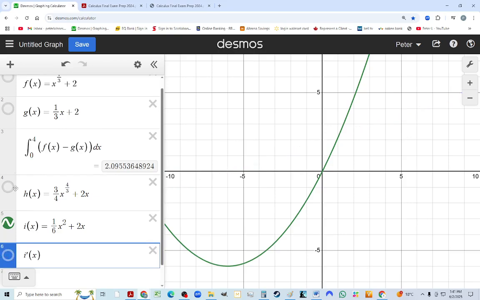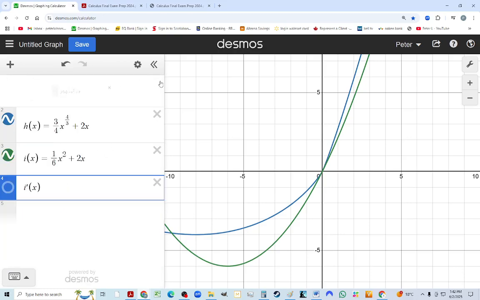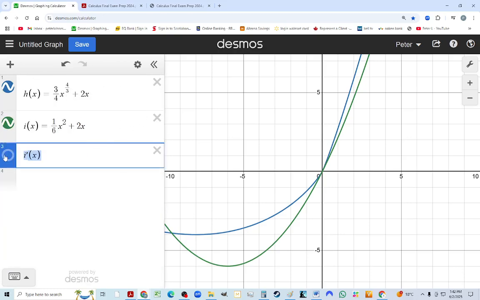So now that we have the antiderivatives of both, and I'll just get rid of all the other stuff because I really don't need it, I'm just going to prove that h of 4 minus I of 4 is the same answer. There you go. That's how you do that.